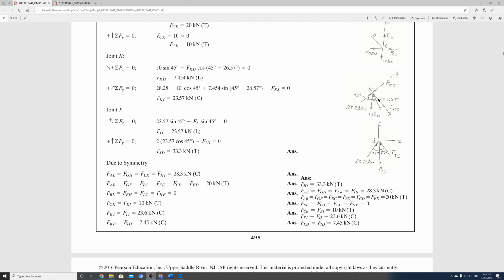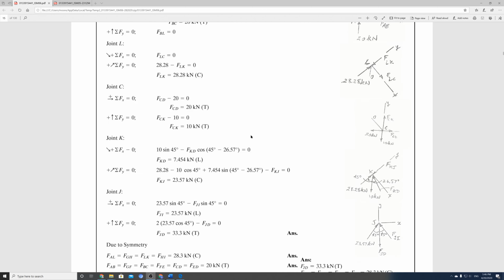So the angle right here is the 45 minus 26.5, about 19 degrees here, and it's off to the right. So it's positive. This component would act off to the right. And then minus FJK, because that's going off to the left from what's being defined as positive. This is positive in this direction. So you can solve for that, FKJ. Now there's one left.